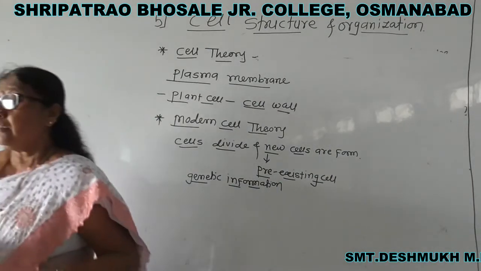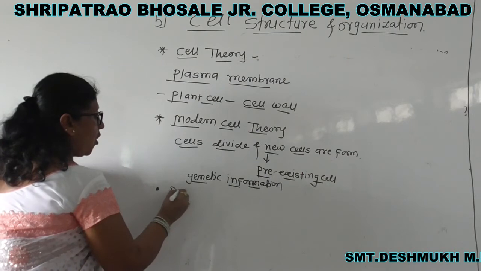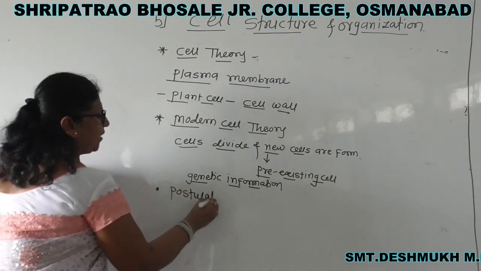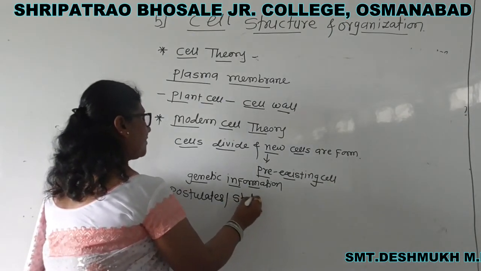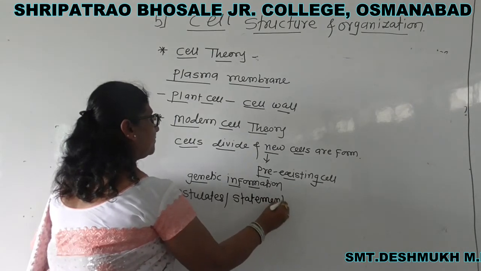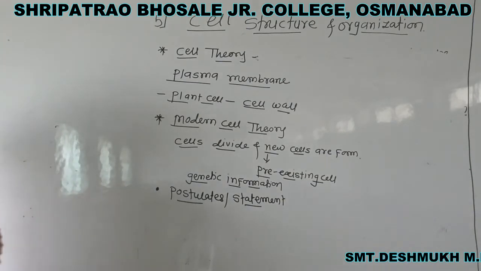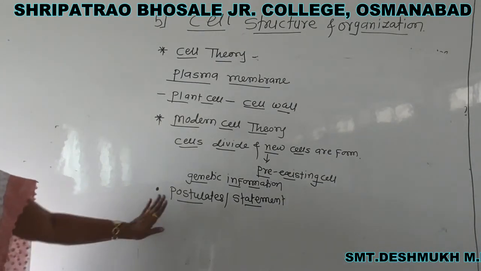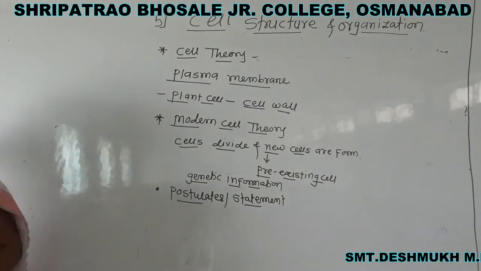Next we see the postulates or statements. The first postulate of modern cell theory: all living organisms are composed of cells and products of cells.